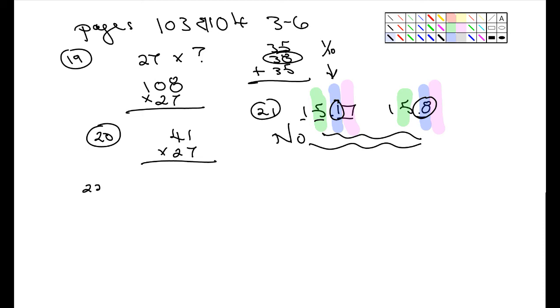22, let's look at 22 here. Trudy wants to multiply 66 by 606. I'm going to write 606, and I'm going to write 66 here, and she has to multiply that together. She says that all she has to do is find 6 times 606, and then double that number.